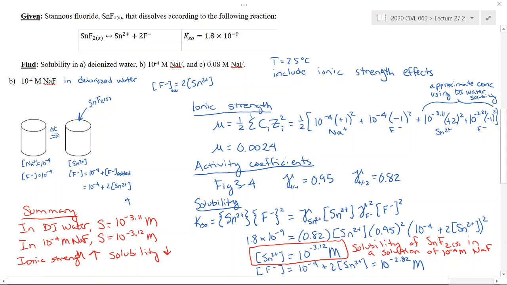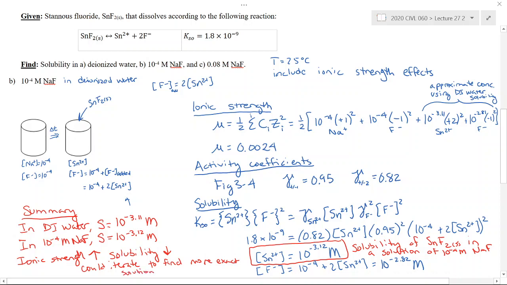what you can calculate is that our estimate is less than 5% off. Generally I would consider that to be an acceptable assumption. But if you wanted to, you could iterate to find a more exact solution.